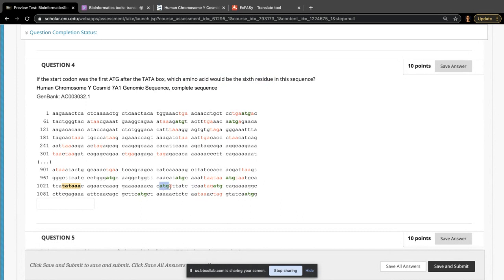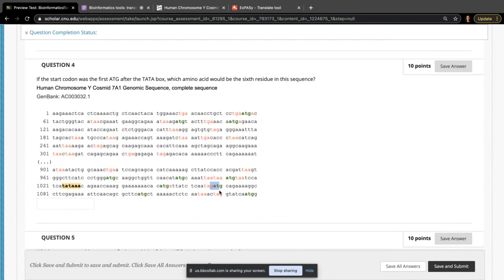Okay, so first, second, third, fourth, fifth, and 6 is the GAT. So you either put that on ExPASy or you look up a genetic code, and then you can see what GAT encodes.